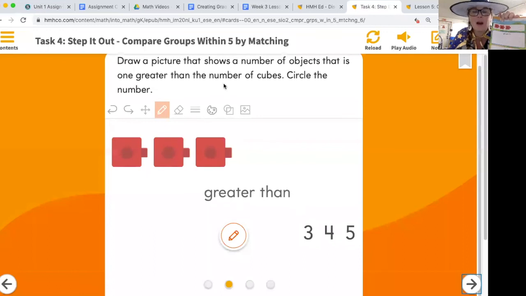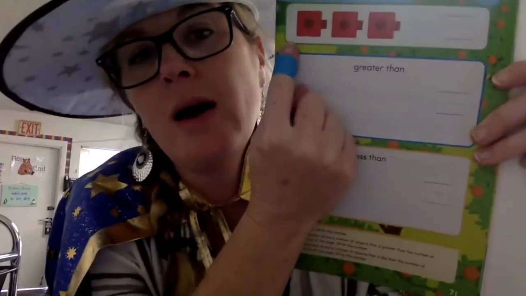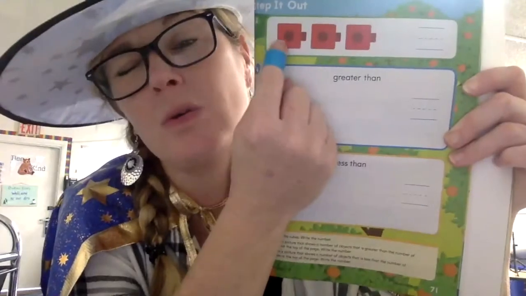Okay. Draw a picture that shows a number of objects that is 1 greater than the number of cubes. Circle the number. Okay. Now, in your book, it says to show a number of objects that is greater than. Here it says 1 greater than. You don't have to just do 1 greater than. You can do more if you want. Okay? So on yours, you have this number up here, which you already told me was 3.